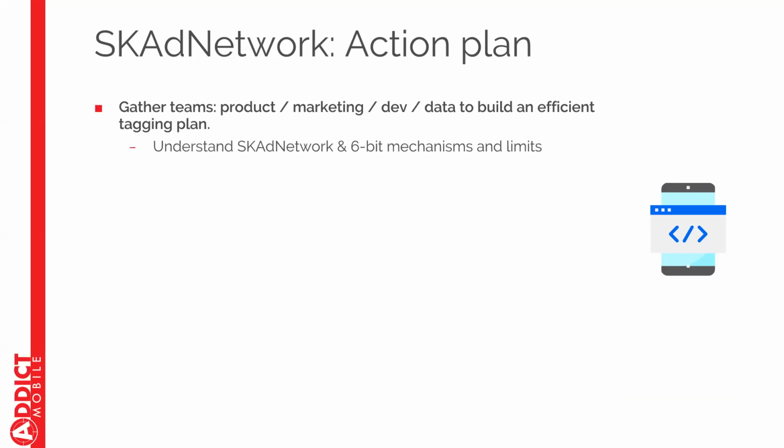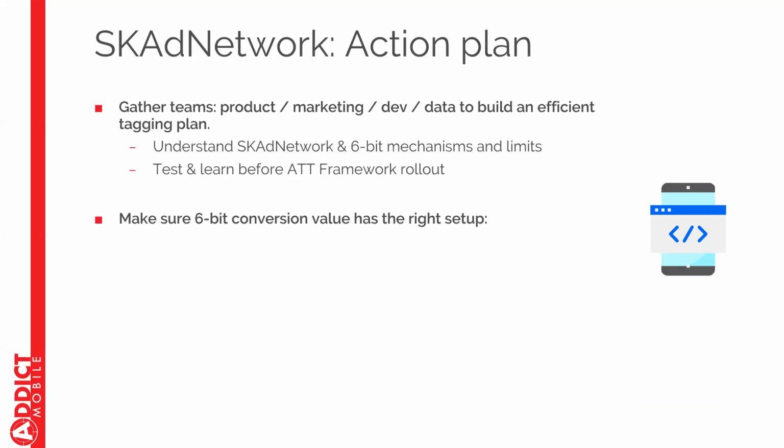So as I mentioned, understand the SKAdNetwork. Every team should understand this, the limits, and the 6-bit mechanism. Test and learn at the moment, before Apple's App Tracking Transparency framework rolls out. Make sure your 6-bit conversion value has the right setup, meaning tracking short-term events, ideally 24-hour events.